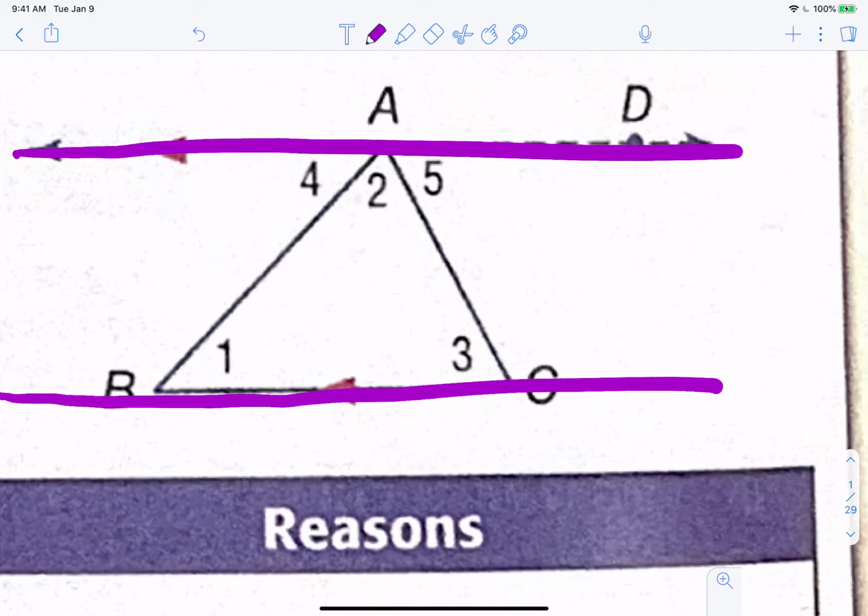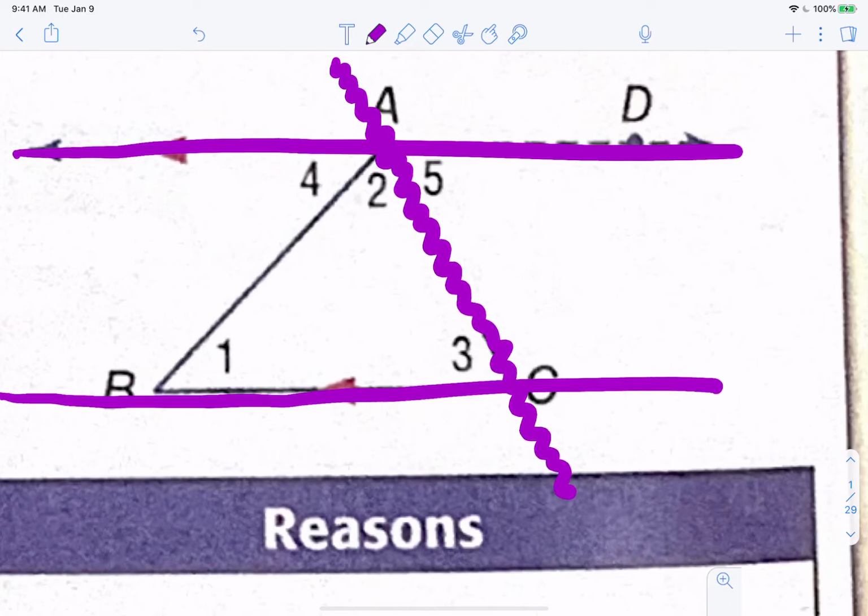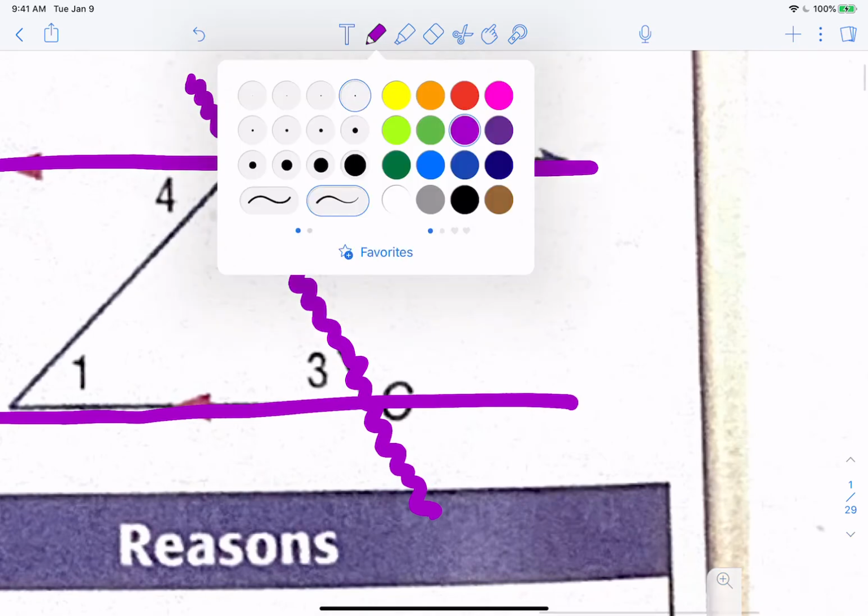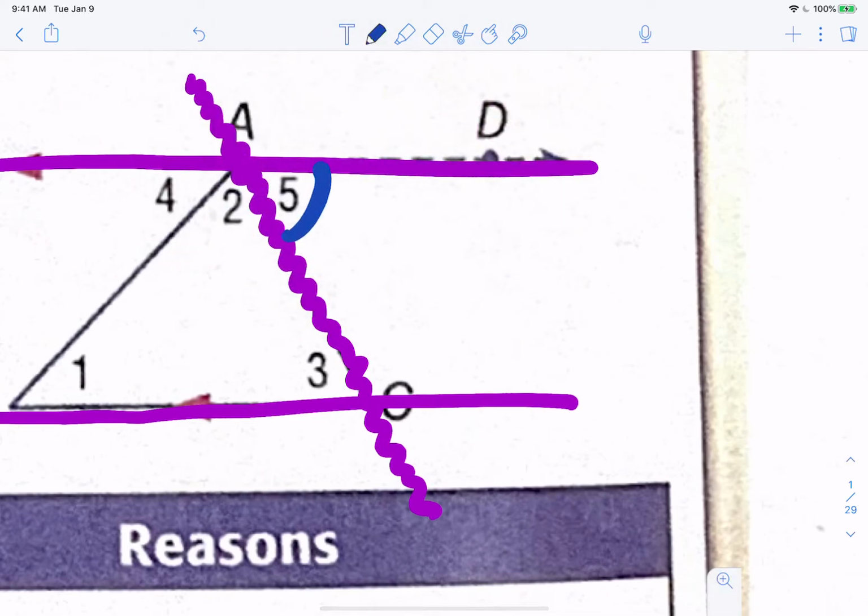This line going through here is called a transversal. Then, if we look at angle 5 and angle 3, those are alternate interior angles, so angle 5 and angle 3 are the same measure. Let's say angle 3 is 70 degrees. That means angle 5 is also 70 degrees.